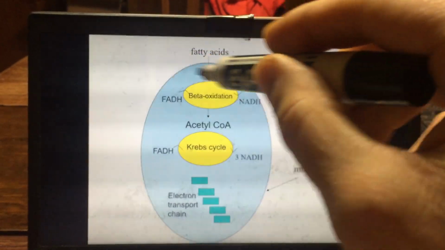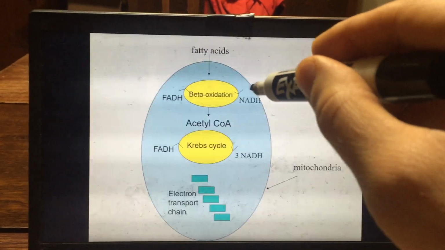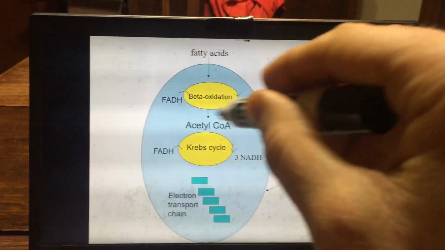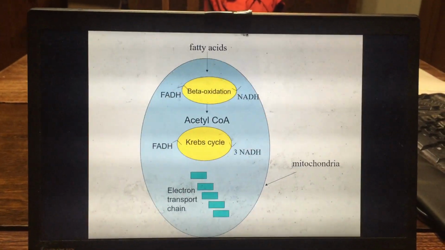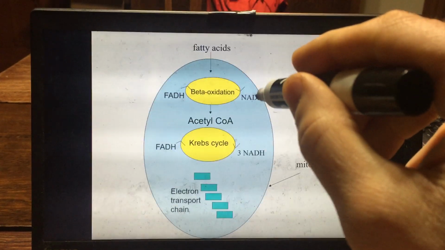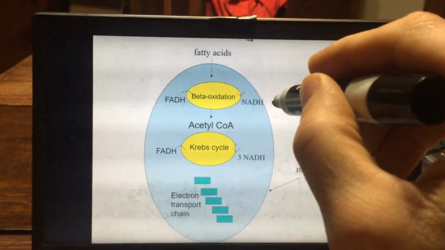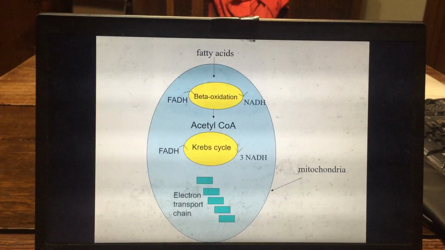So you can imagine a fatty acid that's a very long chain. You're chopping it down two carbons at a time. You'll get multiple acetyl-CoAs formed, and the Krebs cycle will spin through multiple times when you break down a fatty acid. So you get one NADH and one FADH from each round of beta oxidation. Each of those can go to the electron transport chain and produce ATP.